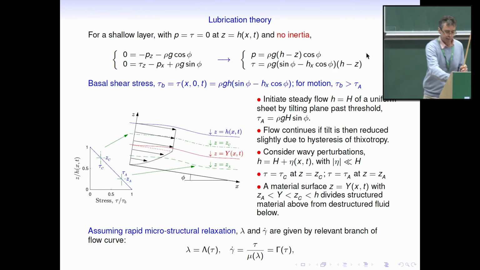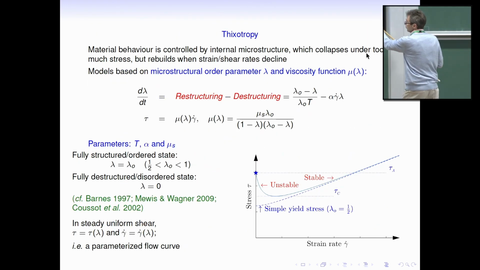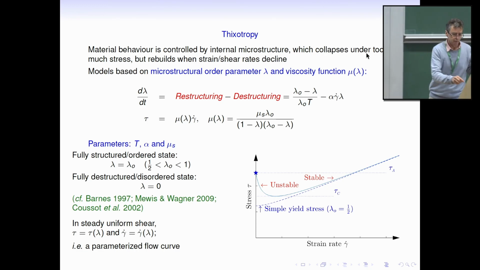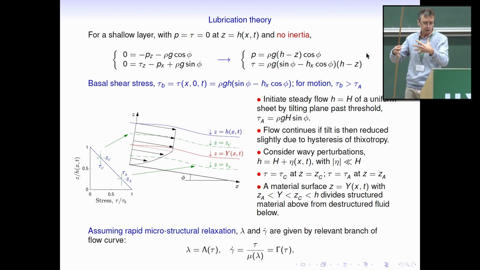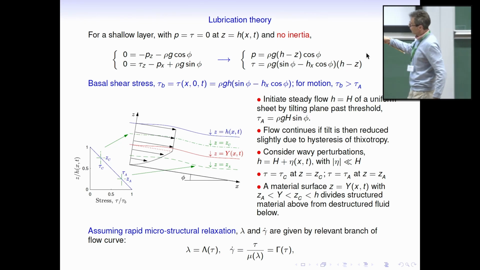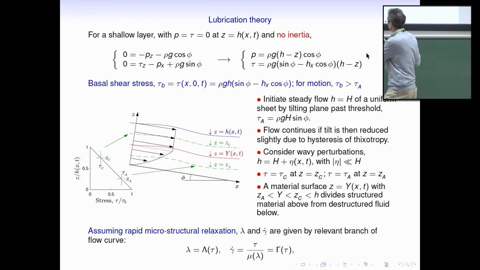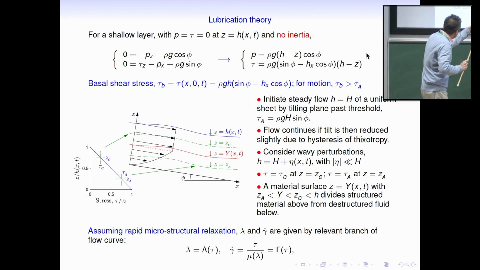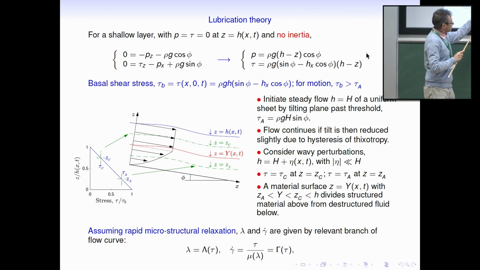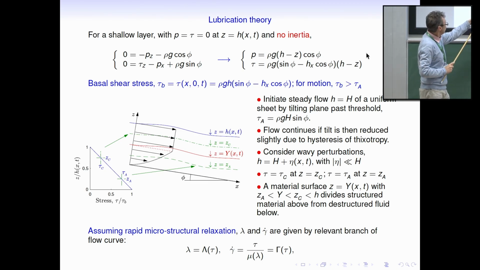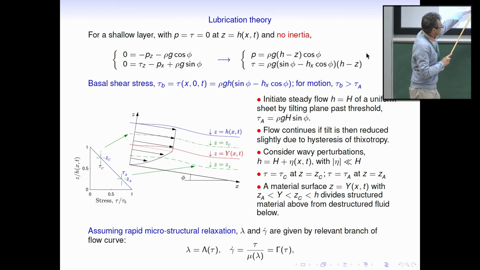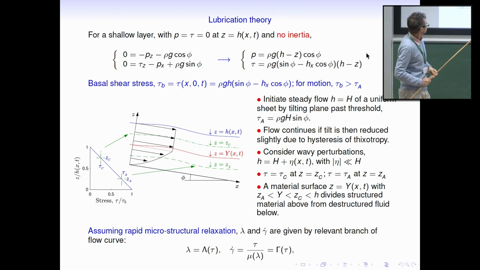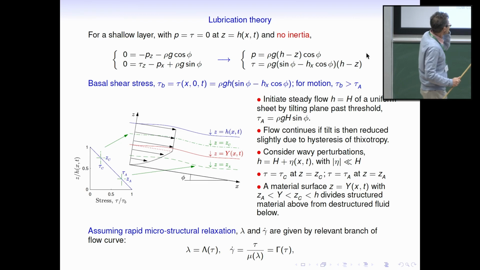So we can set the problem up so that we've got a flow state that looks a bit like this. We've got a lower layer, the destructured layer, that's happily deforming. Then we've got this bit on the top that's structured, remaining structured.